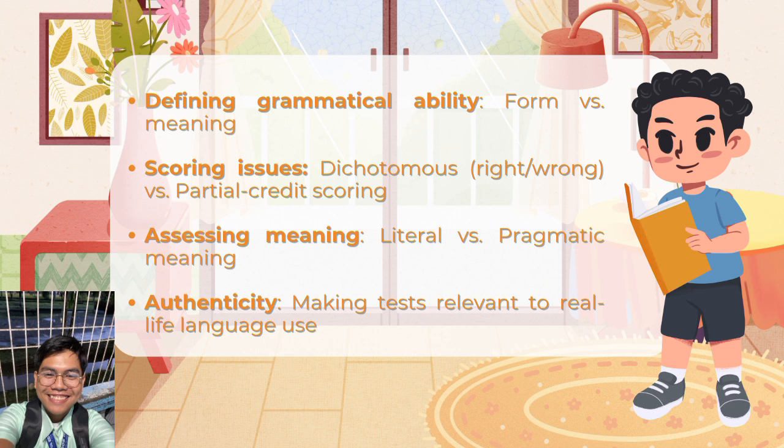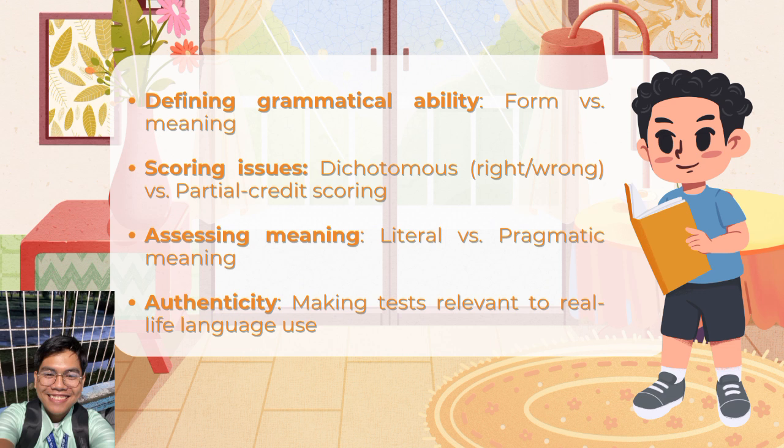In addition, there are also instances where our students may find it hard to differentiate the literal meaning versus the pragmatic meaning of a word, sentence, or phrase. And lastly, the authenticity.